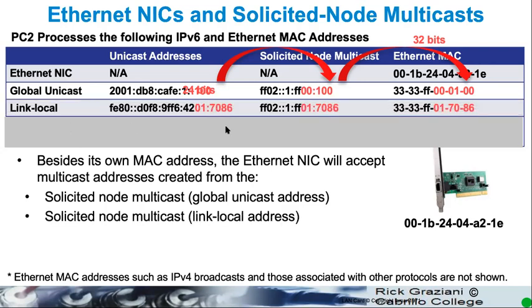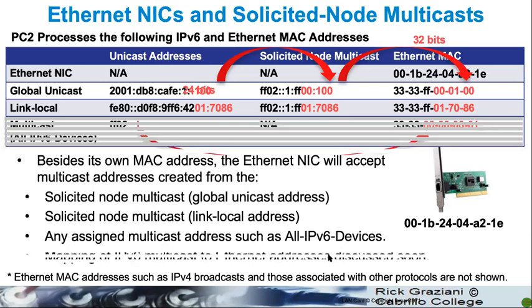Oh, I also have a link local address. The last 24 bits got mapped to a solicited node. And then I have an Ethernet MAC address associated with that. So notice the last 24 bits are the same on all three. I'll accept any Ethernet MAC addresses for that. Oh, you know what?